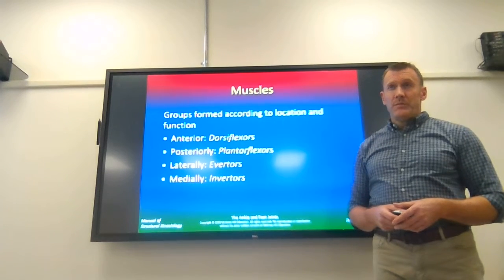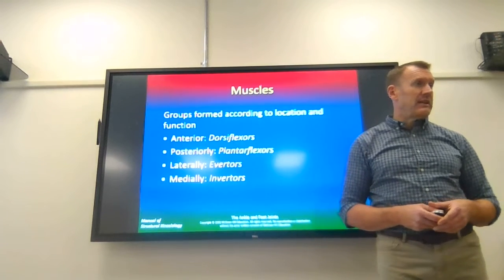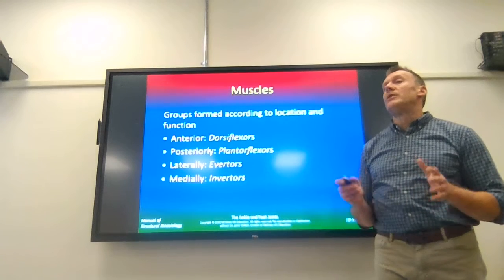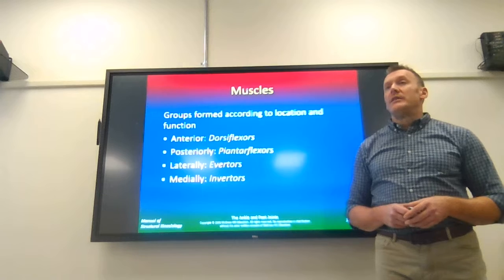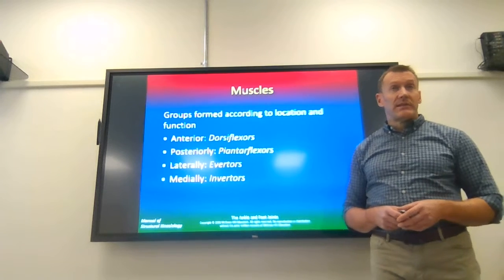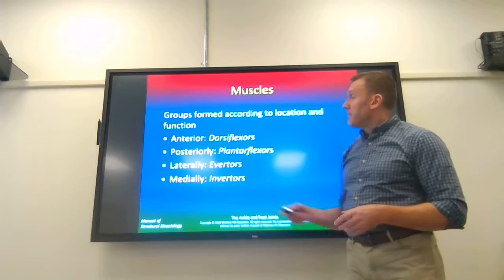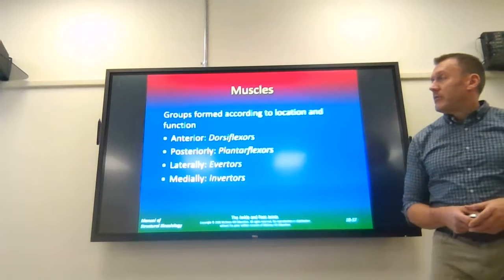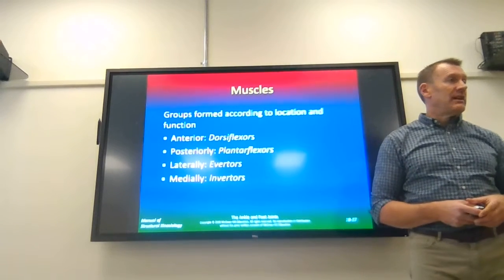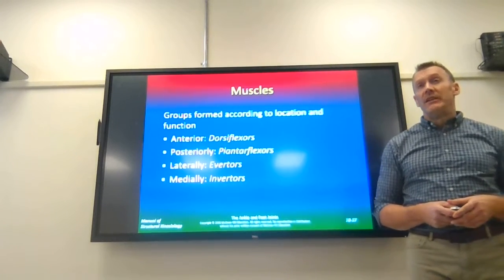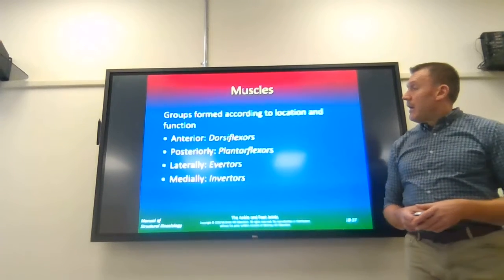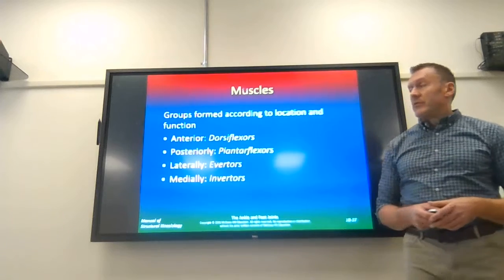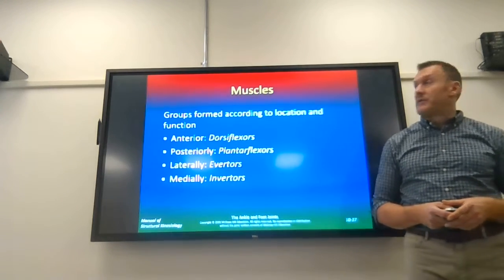We have two groups of plantar flexors, gastrocnemius and soleus, but we have a whole other group of 4 muscles that are deep to the gastrocnemius and soleus. So lots of plantar flexors. Laterally, we have 2 muscles that act in everting the foot, the peroneus group. And then medially, that's where we have all of our inversion muscles.